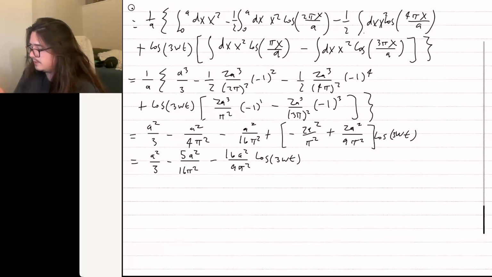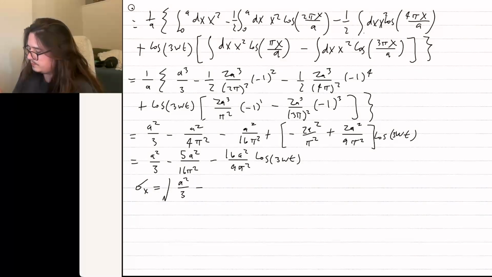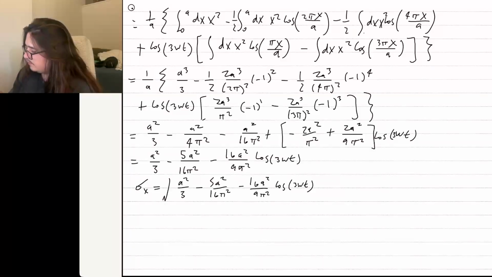Let's do sigma x finally. It'll be a squared over 3 minus 5a squared over 16 pi squared minus 16a squared over 9 pi squared cosine 3 omega t minus whatever the expectation value x squared is.